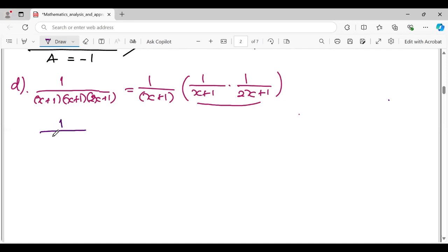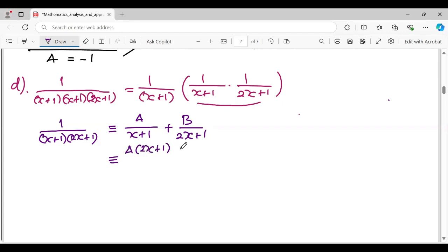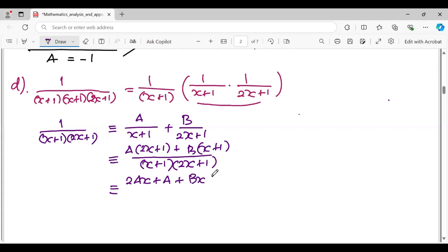So 1 over x plus 1 times 2x plus 1, this term, is equivalent with A over x plus 1 plus B over 2x plus 1, becomes A times 2x plus 1 plus B times x plus 1 over x plus 1 times 2x plus 1, becomes 2Ax plus A plus Bx plus B over x plus 1 times 2x plus 1.